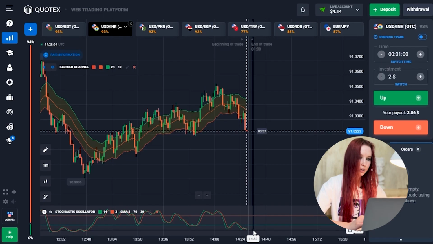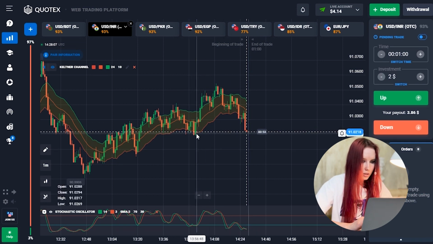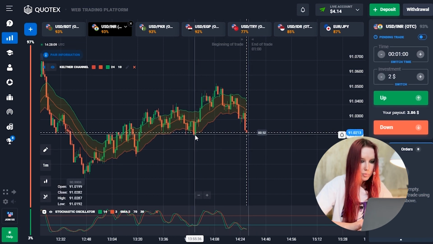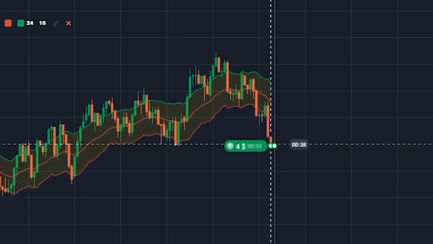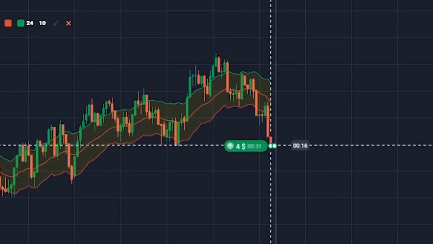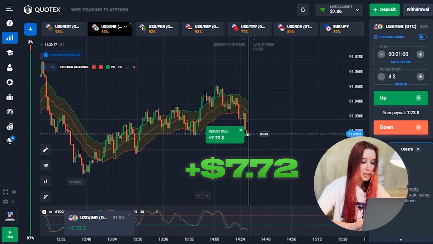Let's move on to the next currency pair. And here on this currency pair, I see it's starting to approach the spot level. I think that now is the moment when I'll open a trade. Again, amazing profit. This is a candle with a short body.